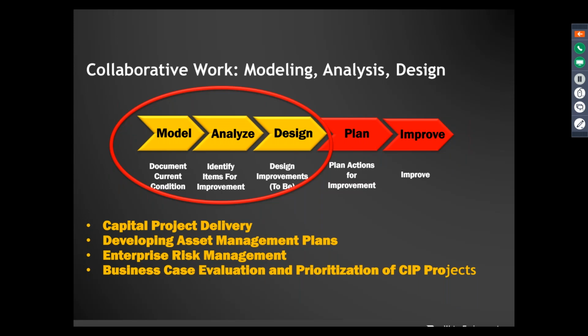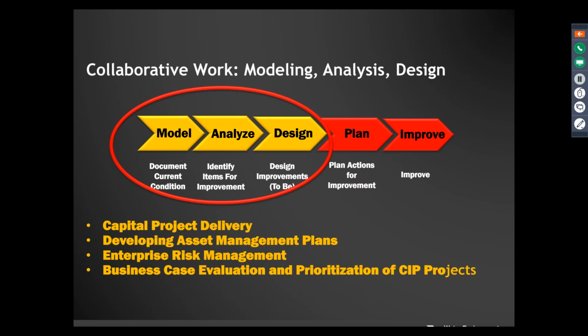across utilities. One of those, and we identified a leader for each one of these areas, a utility partner who would take us through that process in that topic area. So capital project delivery, the Environment Agency assumed the leadership of that topic area.